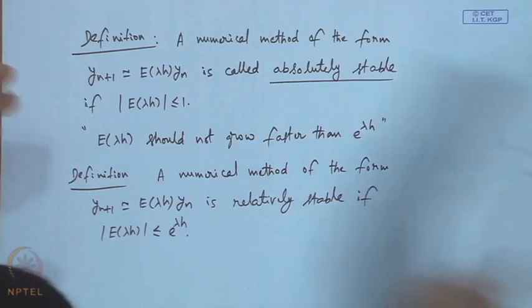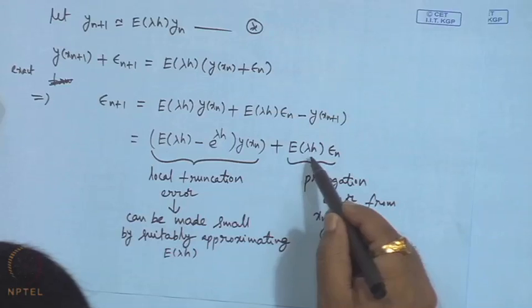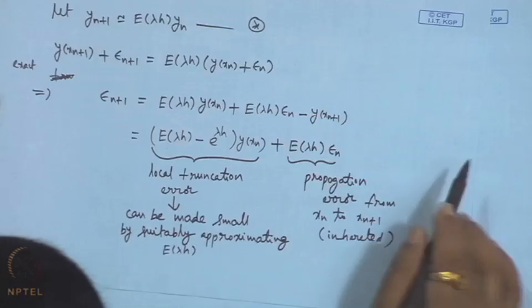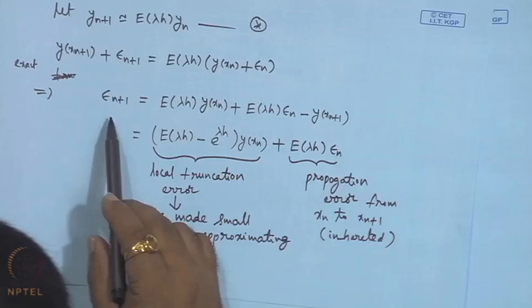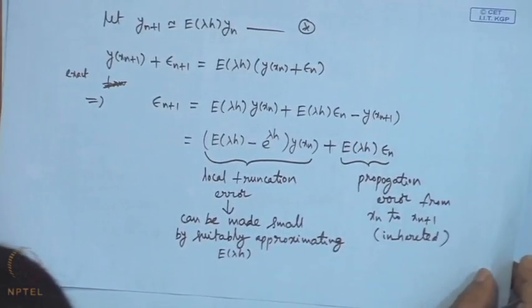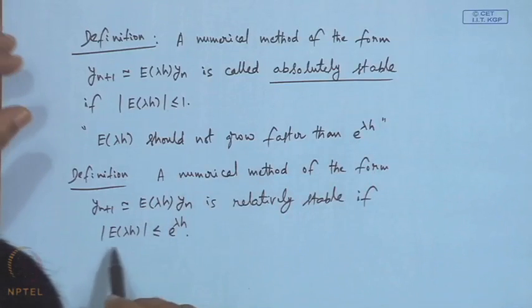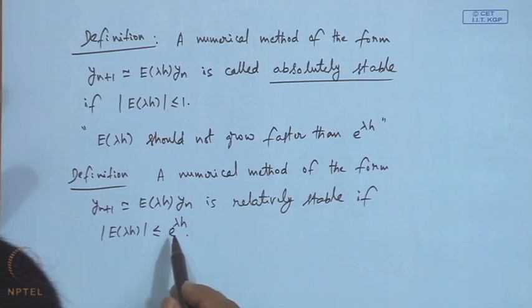That means, whatever errors have been carried at nth stage are not magnified beyond a magnitude of 1. So, the error is going to be bounded. One can ensure that at the next level the error is bounded. Okay. So, this is absolute stability, but another is compared to what? This approximation is compared to e power lambda h. So, if this is less than or equal to e power lambda h, then it is called relatively stable. Okay.